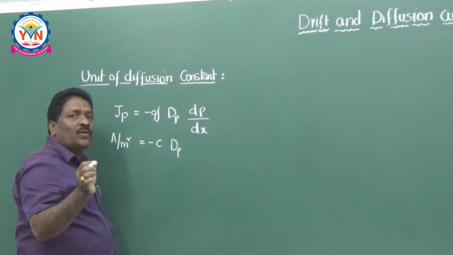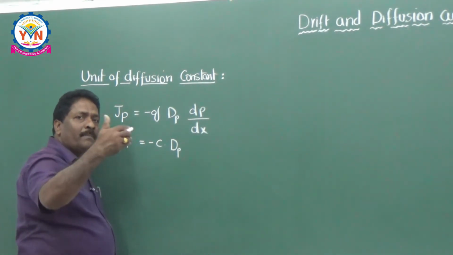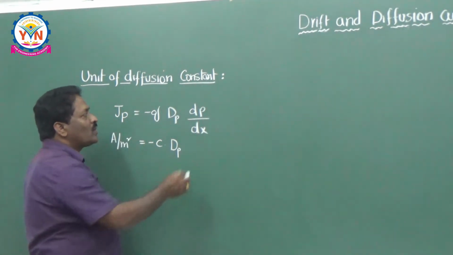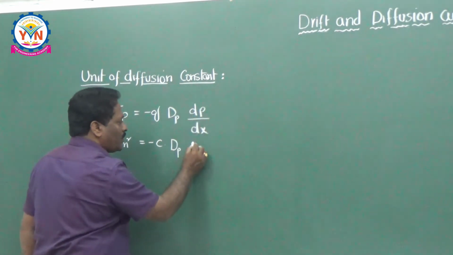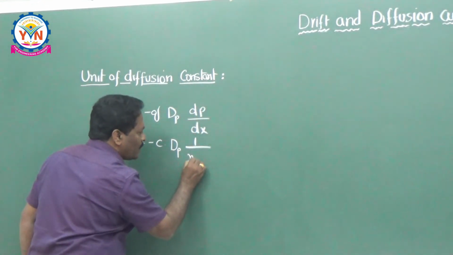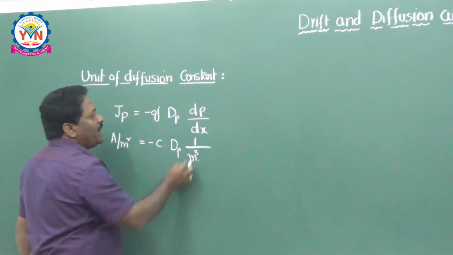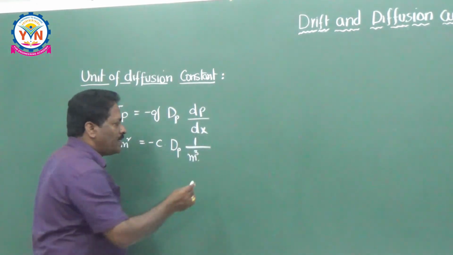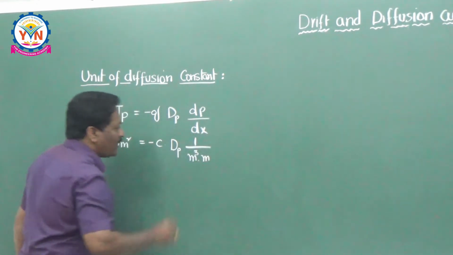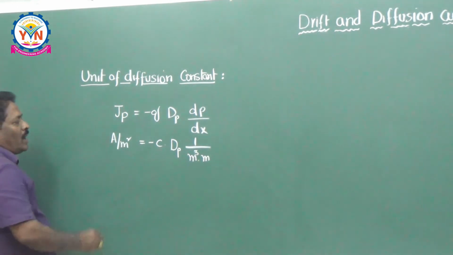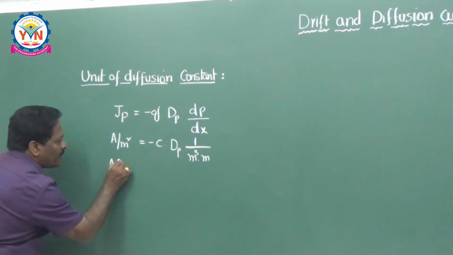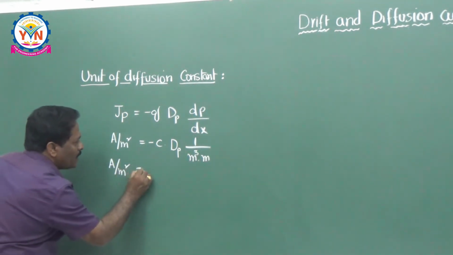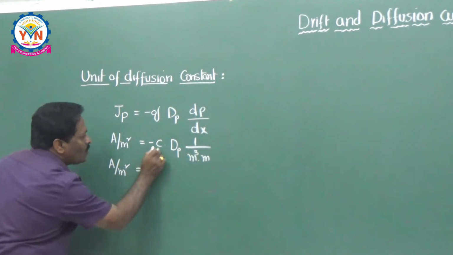Hole concentration means number of holes per meter cube. So the unit is 1 by meter cube, and with dx, which is distance in meters, that means 1 by m to the power of 4.